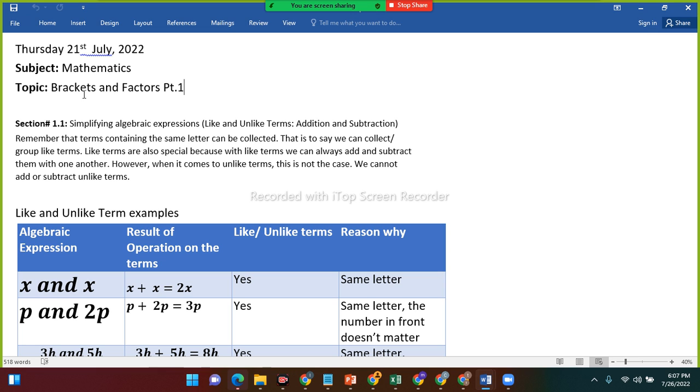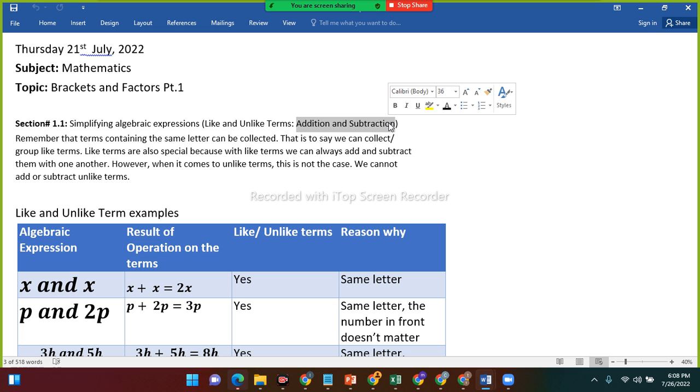We have done section 1.1, which was simplifying algebraic expressions, dealing with addition and subtraction. Section 1.2 was like terms and unlike terms with multiplication, and section 1.3 was like and unlike terms with division.